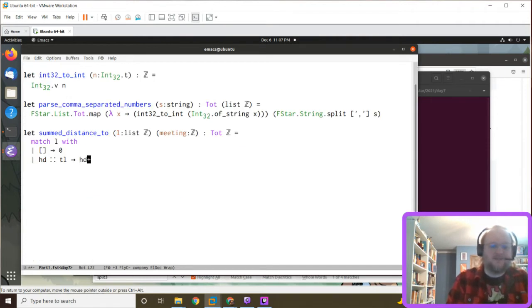Should be fine. It's head. It's the absolute difference between the head and the meeting point, plus the distance to the tail and the meeting point.